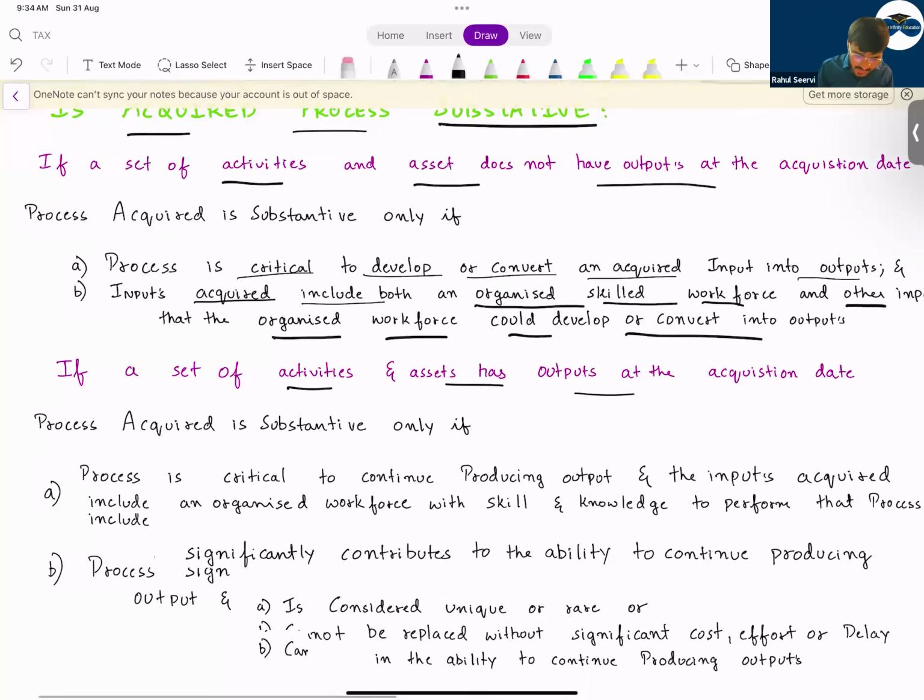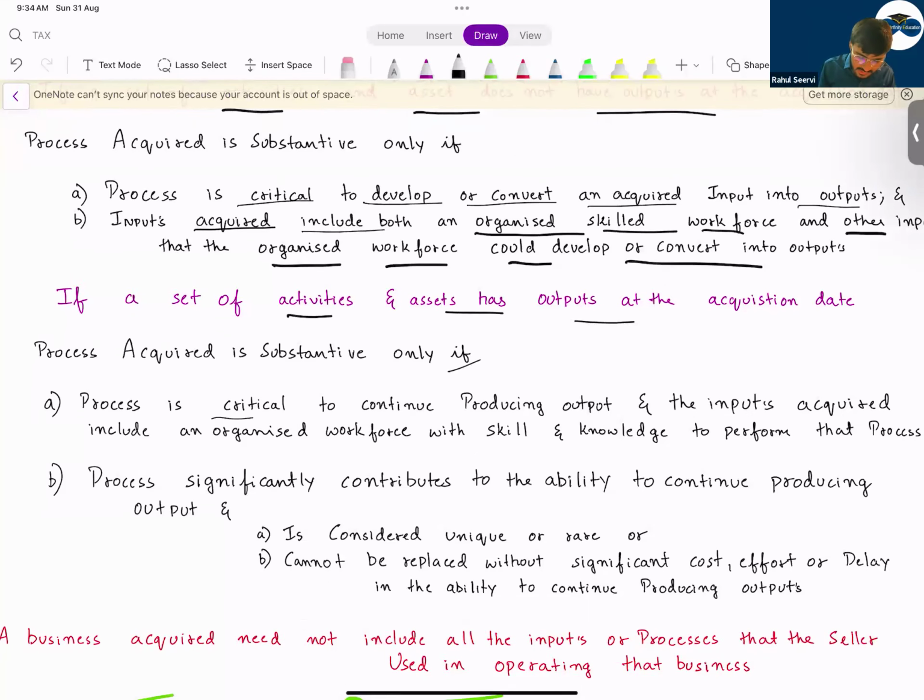So the process acquired is substantive only if the process is critical to continue producing output, and the input acquired includes an organized workforce with the skill and knowledge to perform the process. Even though you have output, you should still acquire employees, and the employees should have some skills and knowledge so that they can use the process and continue to produce output.